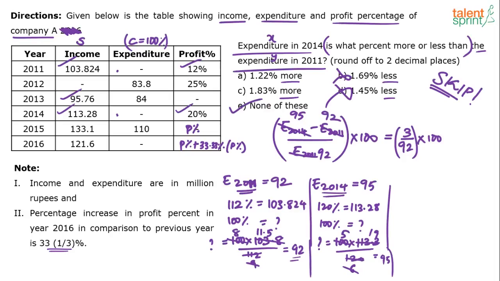It comes out to be more than 3%. 3 by 92 is more than 3%, right? 1% of 92 is 0.92. 3% of 92 will be 2.76. The numerator is 3, which is more than that. You're getting it? So I think the answer is more than 3%, unless I've gone wrong somewhere in the calculation. Fifth option E is what I'm getting.